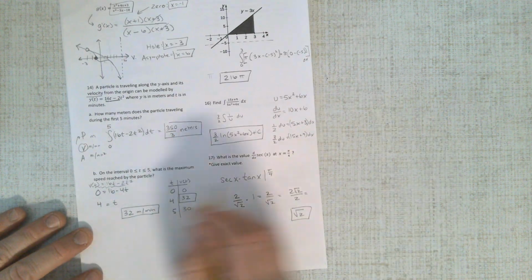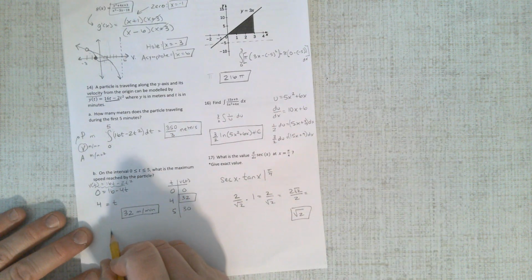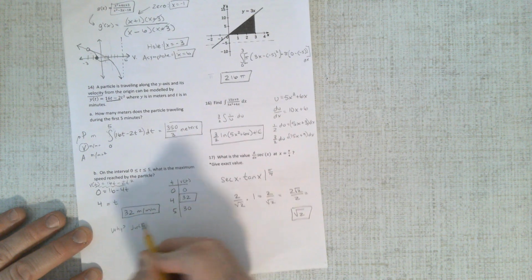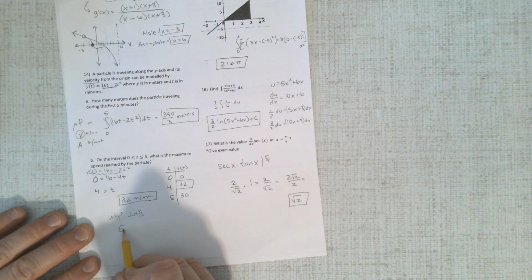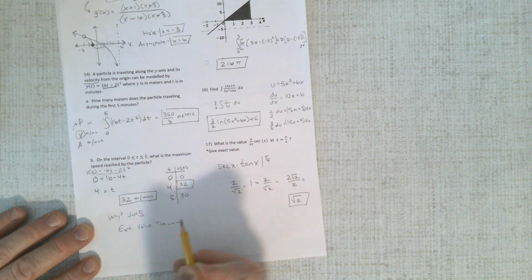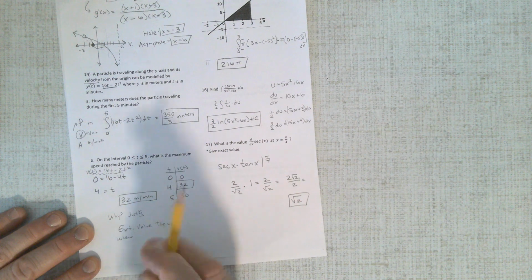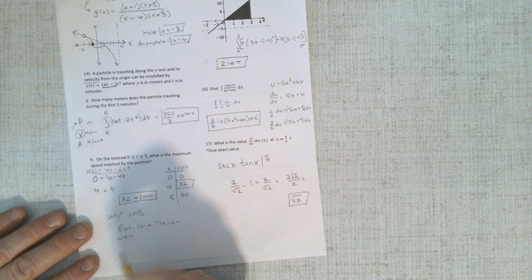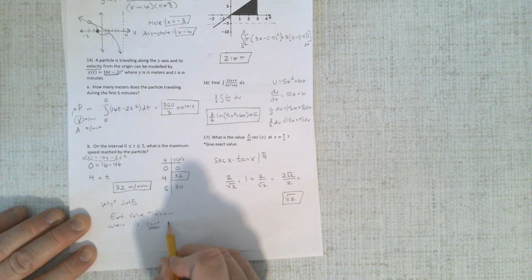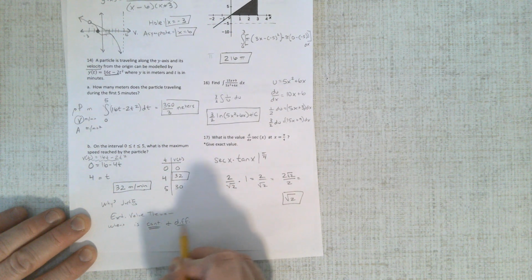And again, why does this work? If you had a question and it said, why does this work? Or it said, justify, you could say the extreme value theorem, when it's continuous and differentiable.